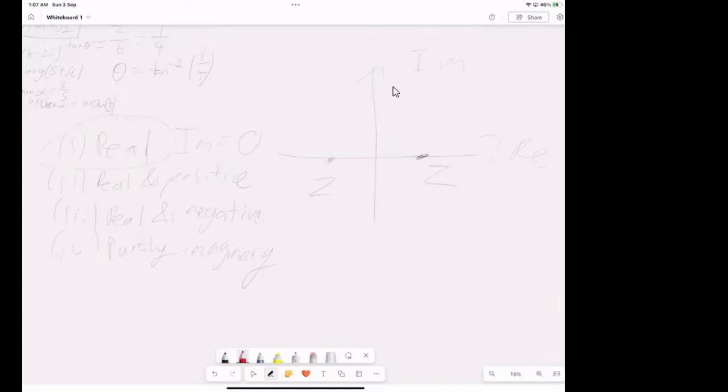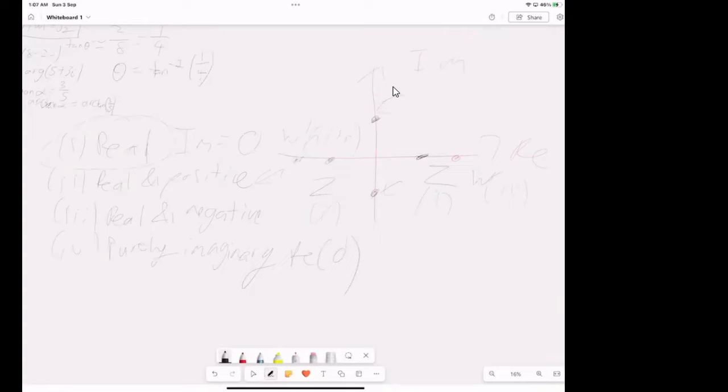The second case is when it's real and positive, then strictly speaking, it has to be here. So this is case 2. Case 3 is real and negative. Let's denote this by W prime. So this is case 3. Case 4, purely imaginary, is more of a special one. We just want our complex number to be here or here, whereby the real component is 0.